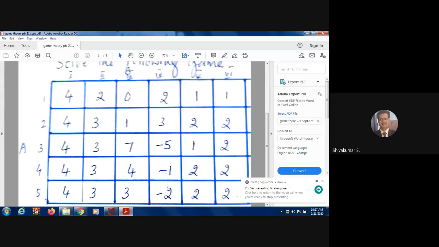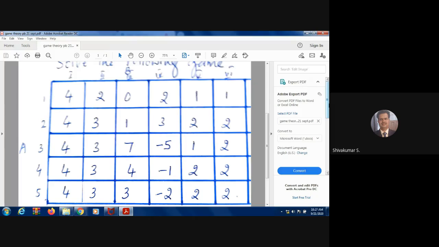Now, you have reduced the matrix into a 3 by 3 matrix, no? Right now, 3 by 3 matrix. So, A 2, 3, 4 and B 3, 4, 5 columns.